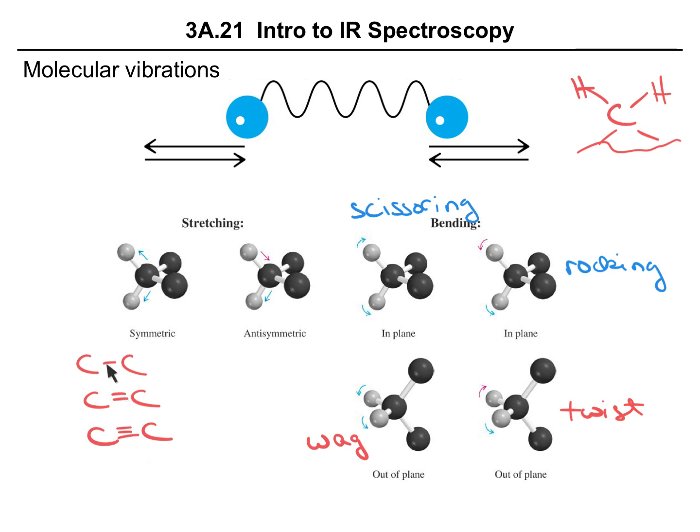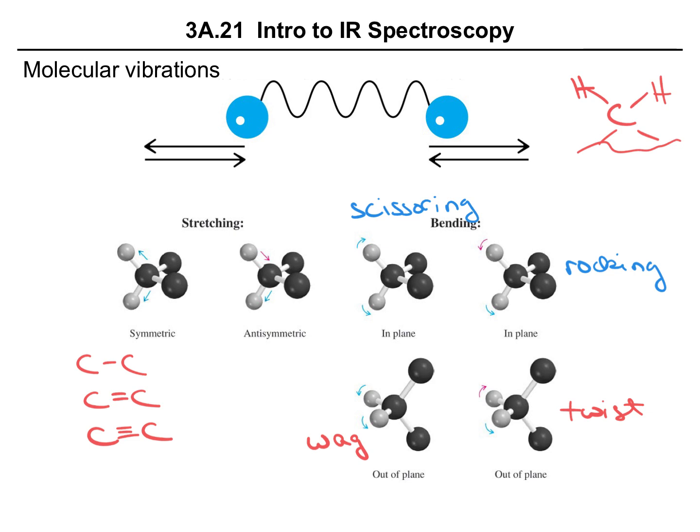So if we have bonds of different strengths, we would expect that it takes more and more energy to be able to cause that bond to stretch. Recognizing that different bonds require different energies, if we observe a particular energy, then we know what bond type we have present in the molecule. And so that's how we can use IR spectroscopy to give us information about bond types that are present in a molecule.